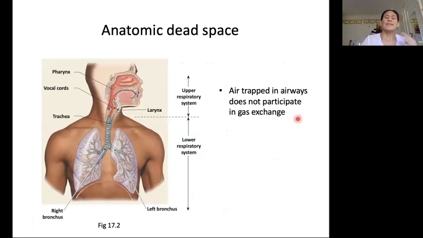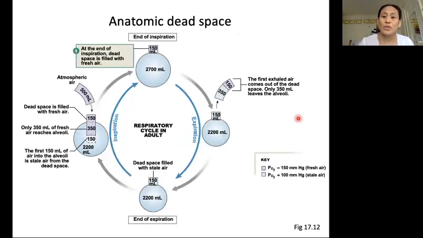Therefore, even though we take in 500 milliliters per breath, we're only able to make use of a fraction of that total volume that comes into our system. To further illustrate this concept, we're going to walk through this example here.